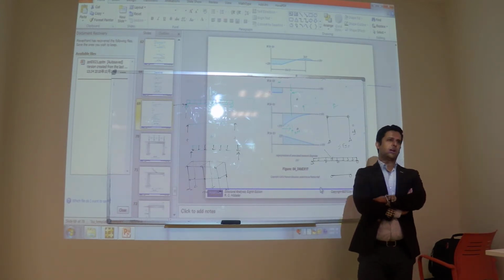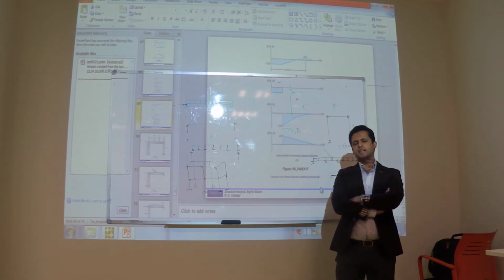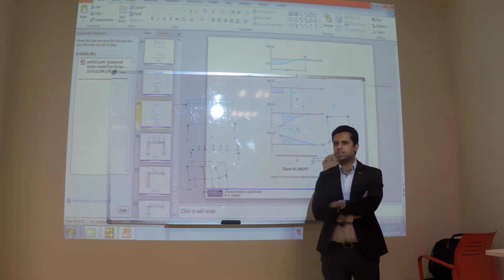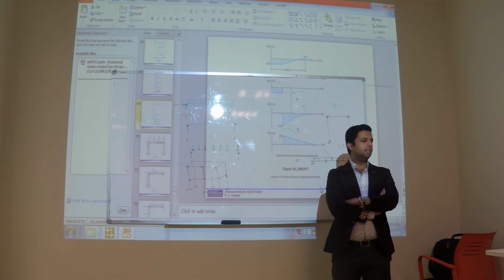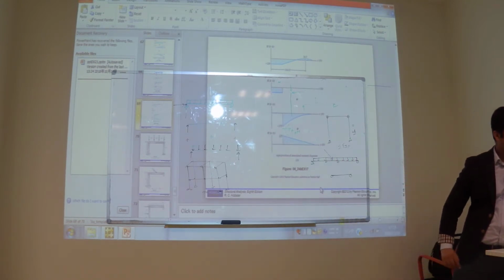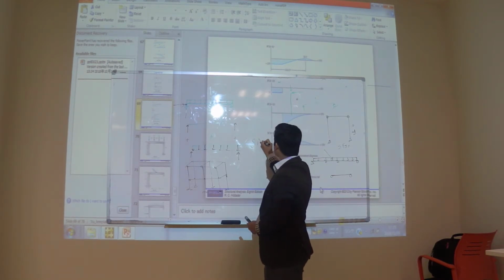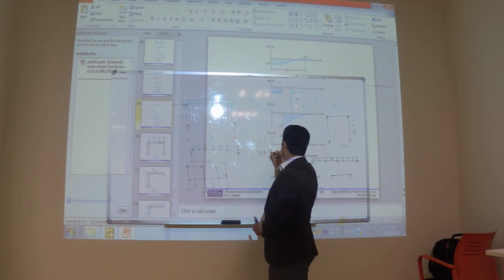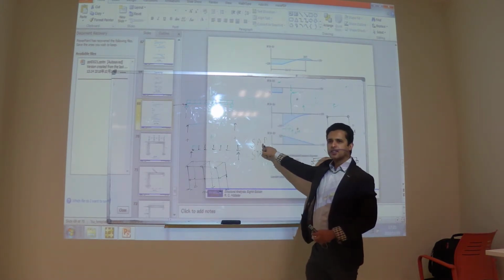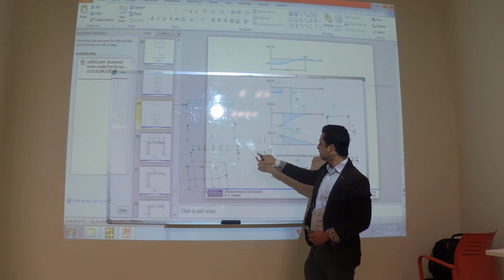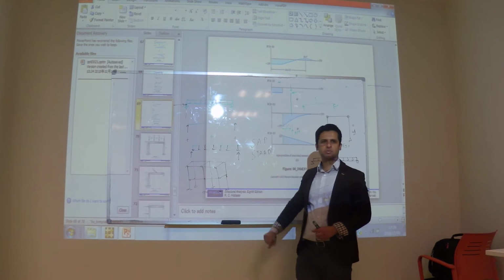We have three programs which we can use for computer aided analysis. The one is SAP, Structural Analysis Program. The other one is STAAD, Structural Analysis and Design Program.